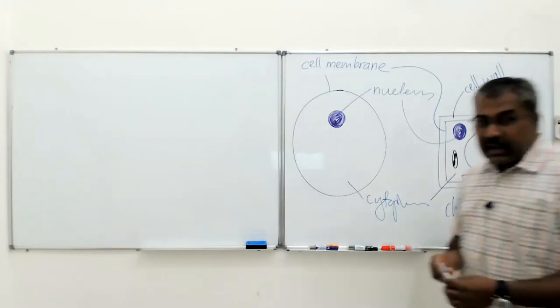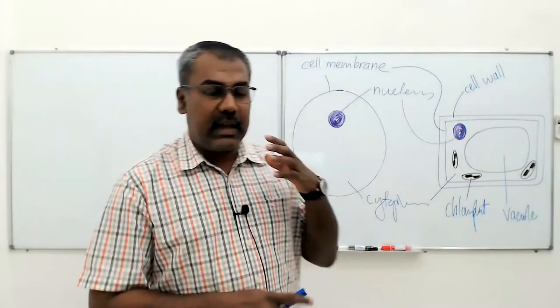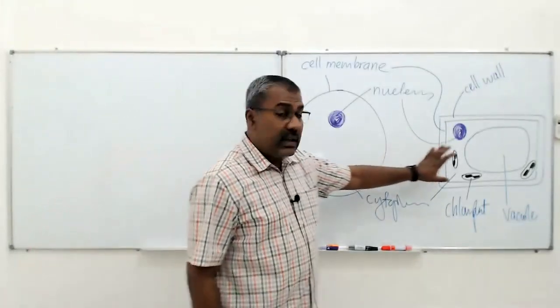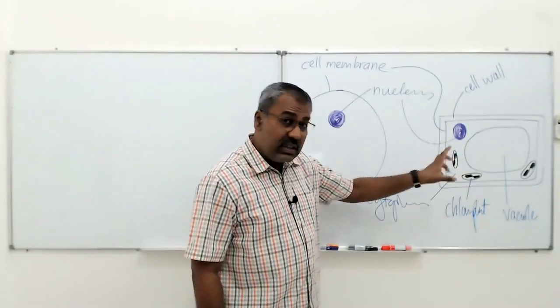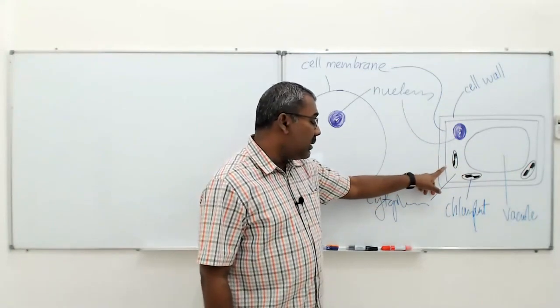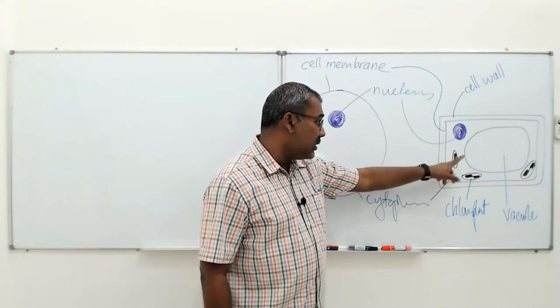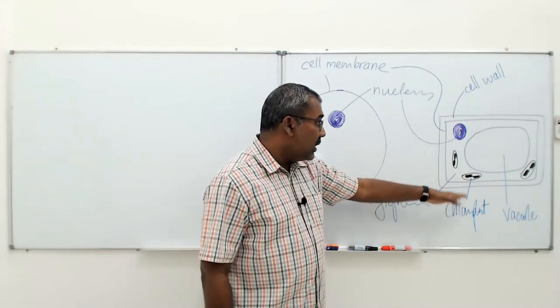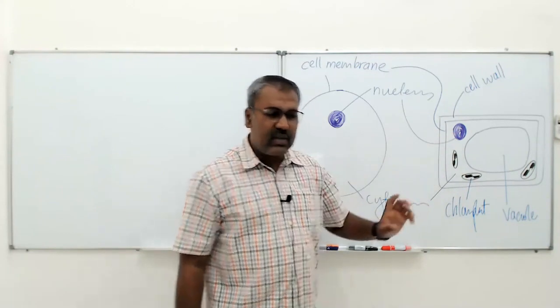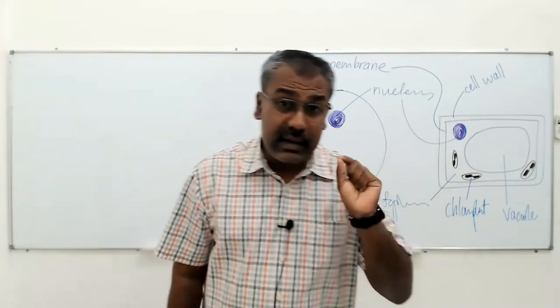Right? So it means when we look at a plant cell under the light microscope, you can only see these structures: cell wall, plasma membrane, chloroplast, vacuole, cytoplasm and nucleus. Nothing else you can see under the light microscope.